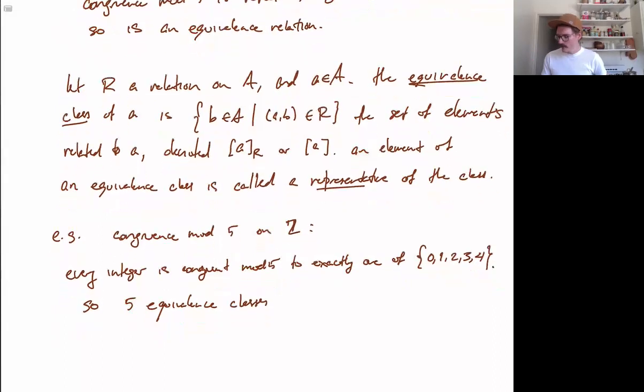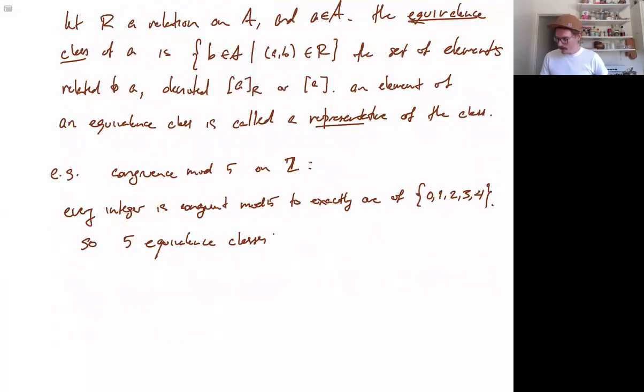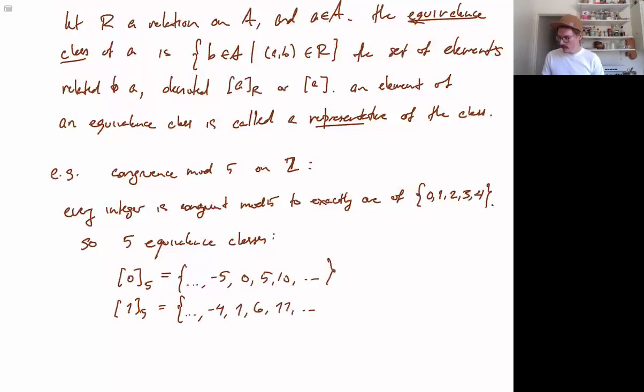But let's write down what the classes are. The class of 0, and I'll put a little 5 to denote that we're working mod 5, is everything that is congruent to 0 mod 5: minus 5, 0, 5, 10, etc. The class of 1 is everything that's congruent to 1, such as minus 4, 1, 6, 11, and so on.